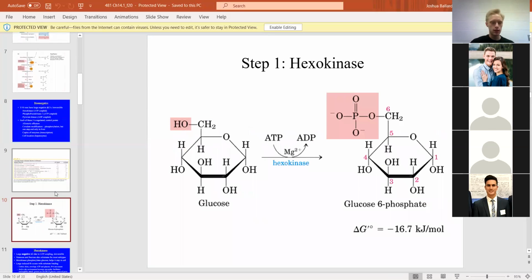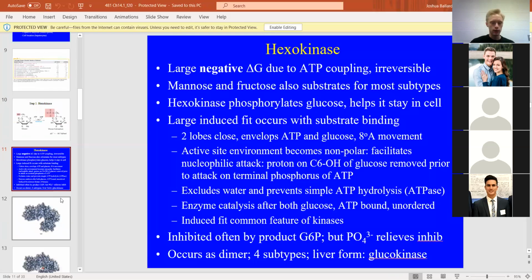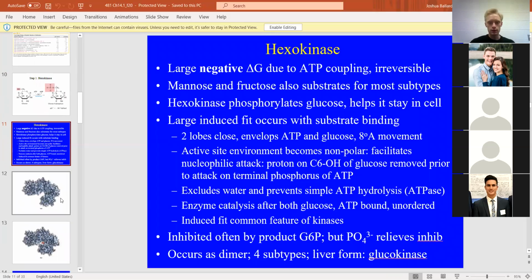So this is just step 1. Kind of what he was referring to as far as the special features of the enzyme. So on hexokinase, hexokinase's purpose is to convert glucose to glucose 6-phosphate.